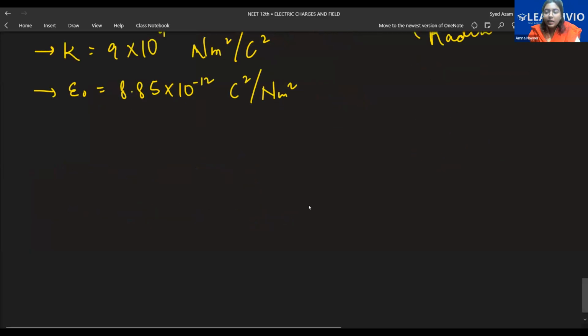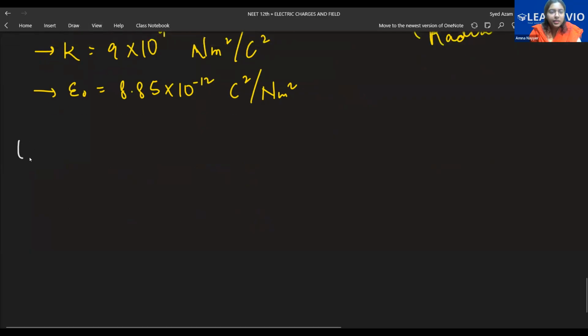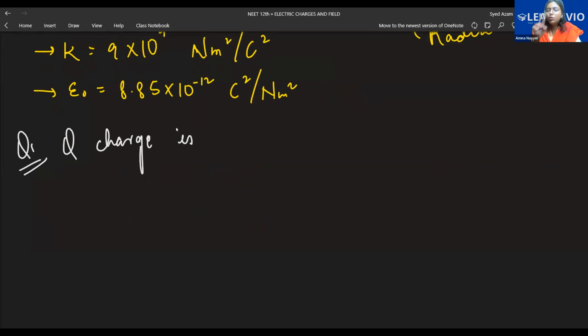Now there is one question that has come a lot in the previous years. I'm writing the question. So see, this says Q charge is divided into two parts.